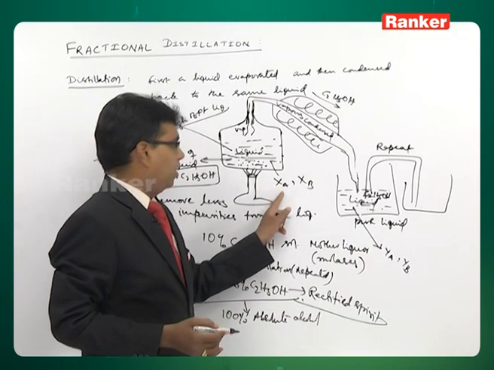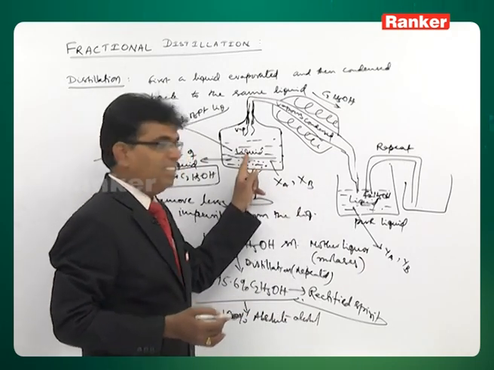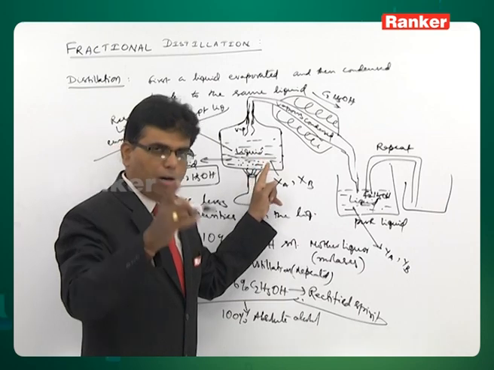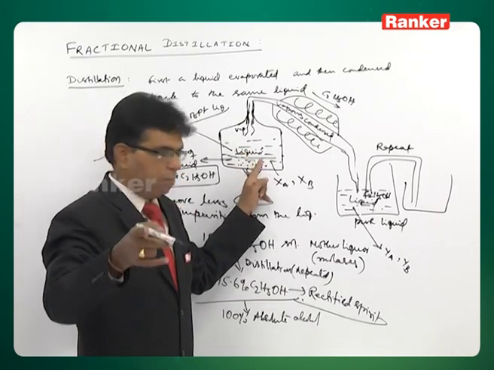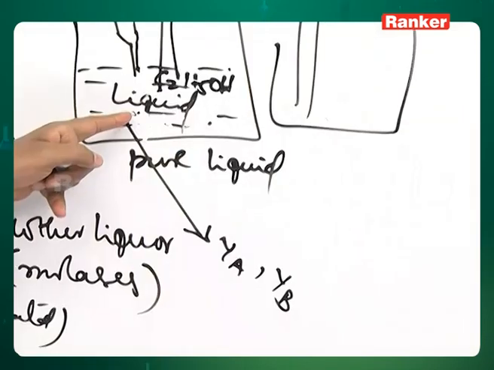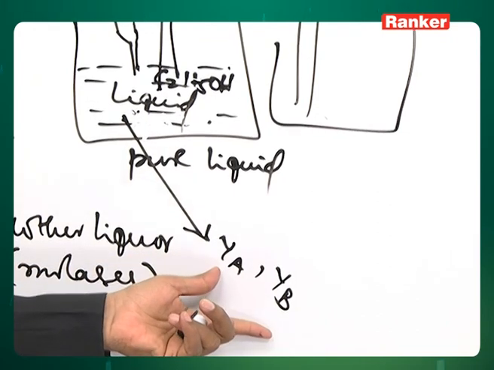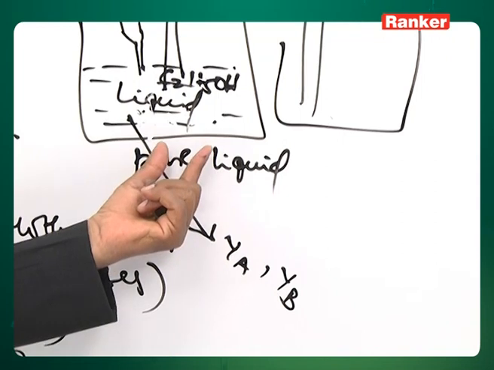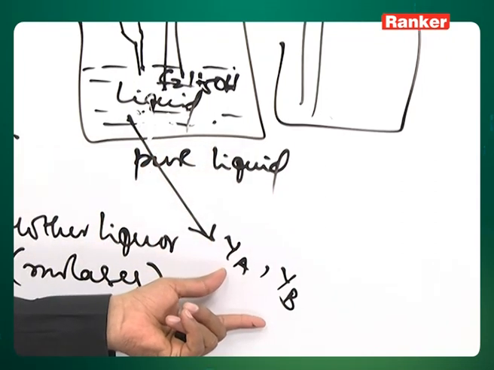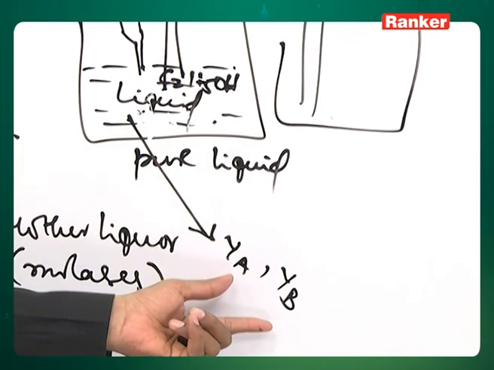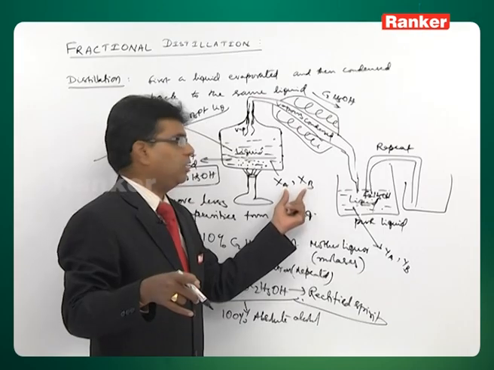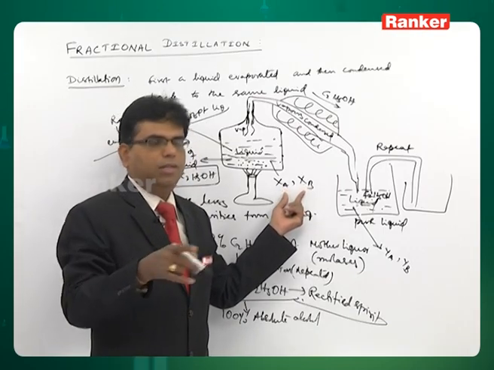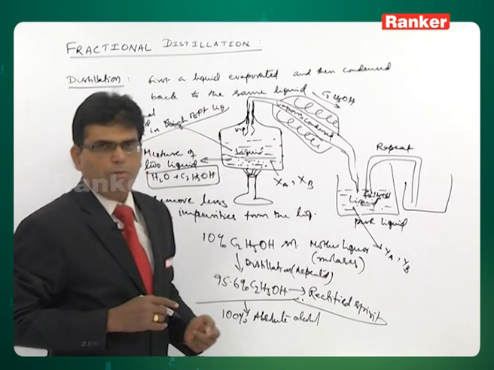If you are given Xa and Xb, the initial composition of the two liquids A and B, then after distillation what will be the composition of those two liquids in the collected liquid, we have to determine using the values of Xa and Xb. That we are going to discuss now.